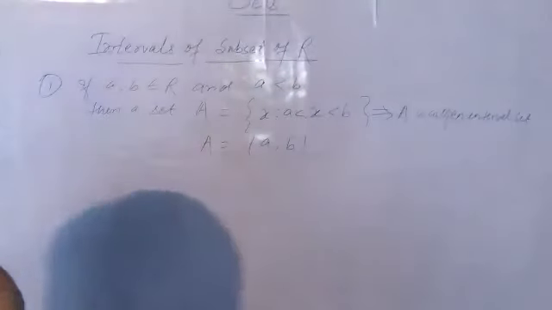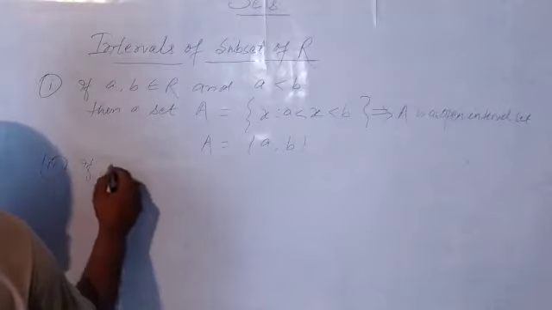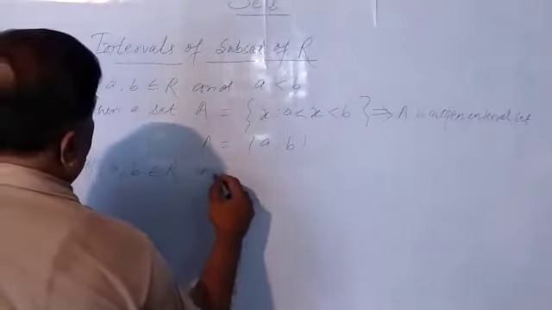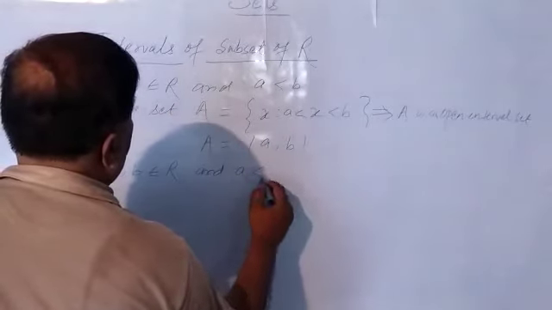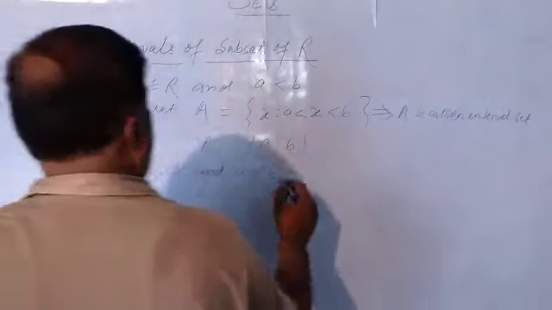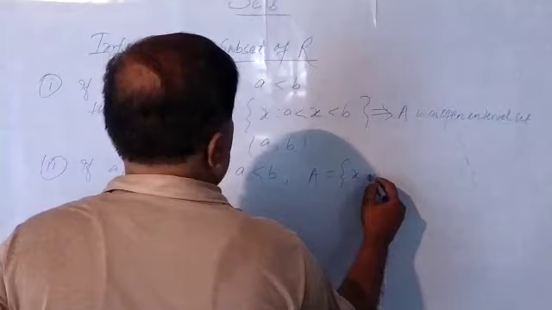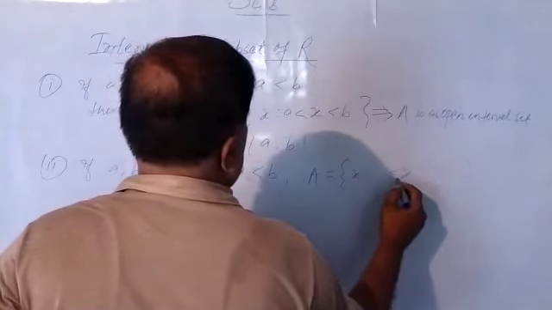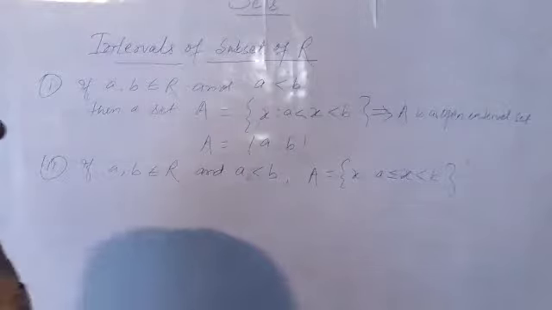and symbolically we write this A as (a, b) with a small bracket. Second, if a, b belong to R are real numbers and a is less than b, then the set A of all x such that x is greater than or equal to a but less than b, where x is a real number.